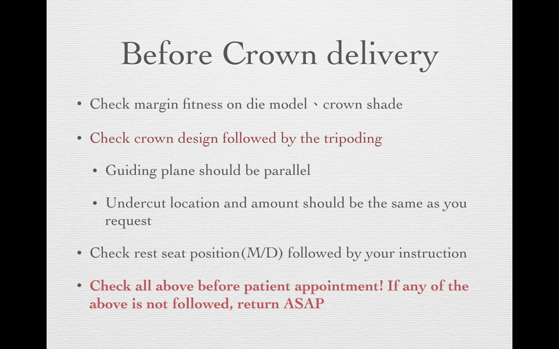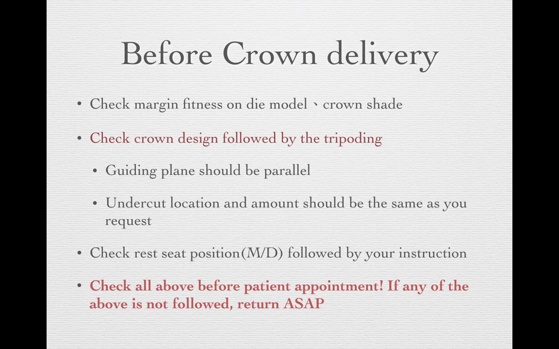So just put the crown back on the die model and really follow the tripoding on the surveyor, and check if the crown guide planes are parallel to each other and if the undercut locations and the amount of undercut are really the same as you requested.